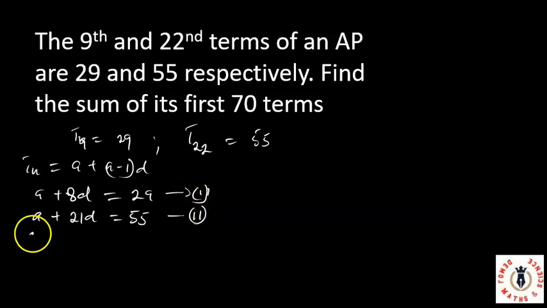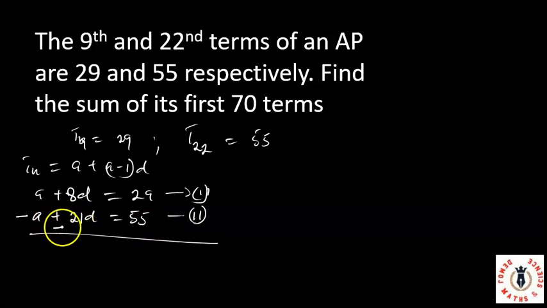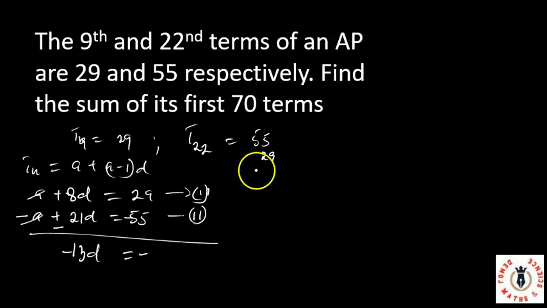Let's use our simple elimination method, and we'll subtract equation 2 from equation 1. This becomes minus, and this also becomes minus. This also becomes minus. So that A minus A gives way. 8 minus 21, that's minus 13D, is equal to 29 minus 55, that's minus 26.